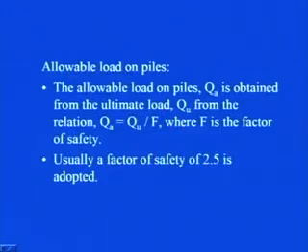We can find out the load corresponding to these resistances. If we add them up, we get the ultimate load capacity of the pile. Simply divide that by the factor of safety, and you will get the allowable load on the pile. Usually a factor of safety of 2.5 is adopted.